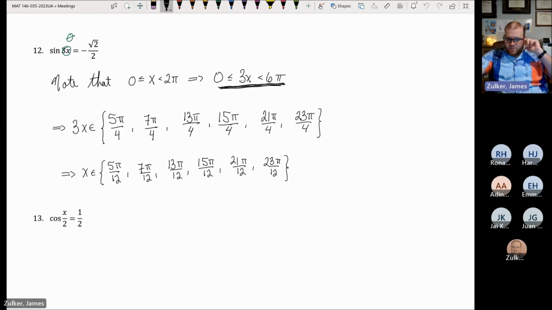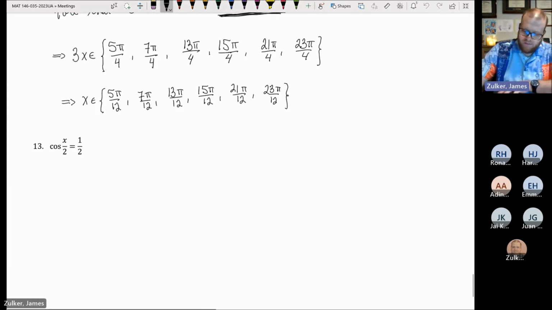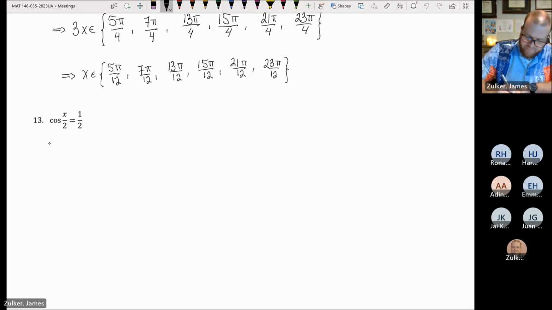All right, cosine of x over 2 equals 1/2. So we could use the half angle identity for cosine, right? But again, that's going to make this more difficult than it needs to be. Divide everything by 2.